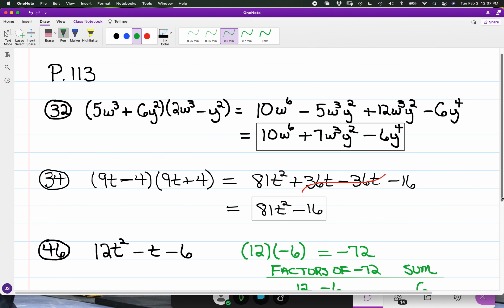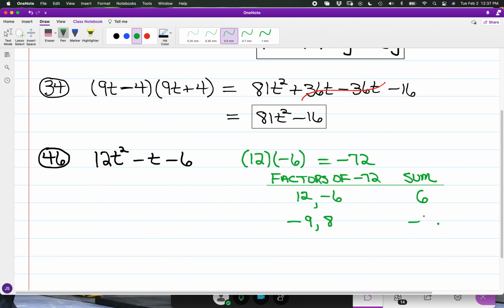So with these coefficients, we're going to split up the negative t into two terms consisting of negative 9 and 8 as the coefficient. So we have 12t squared minus t minus 6.